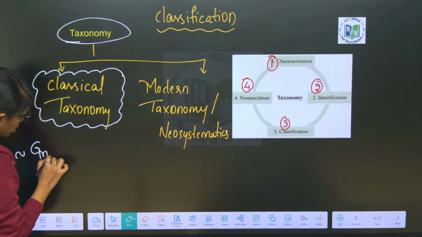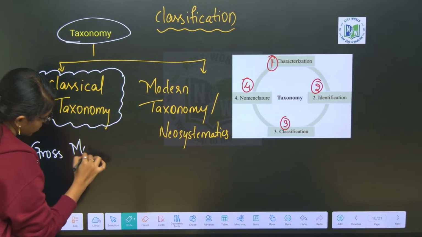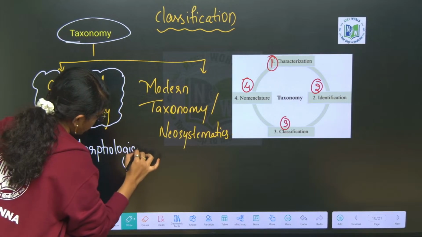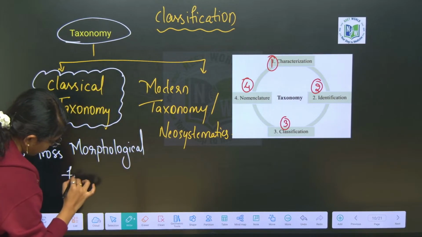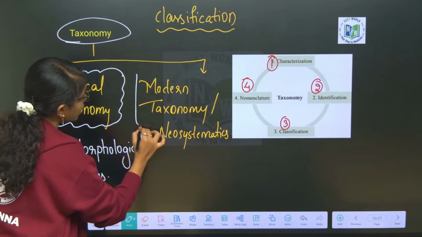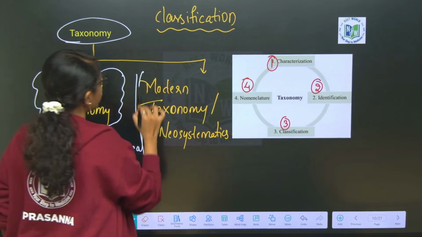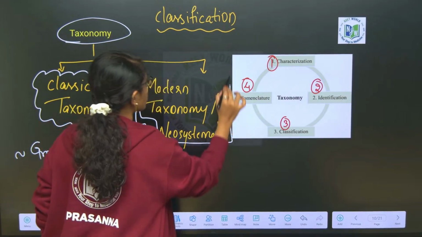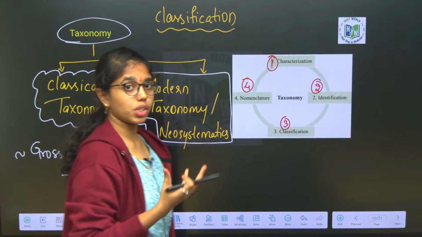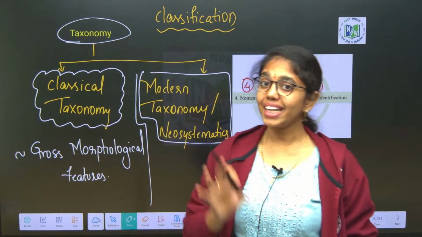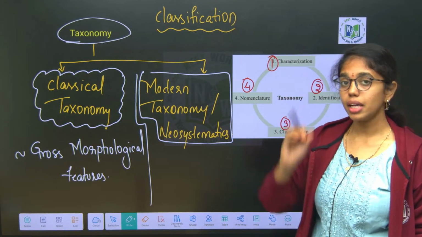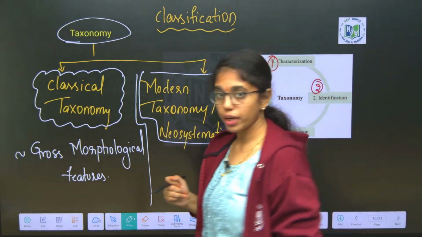Next, modern taxonomy or neo-systematics, wherein along with the external morphological features, internal characters or internal structures are also considered in placing the organisms into different taxa.